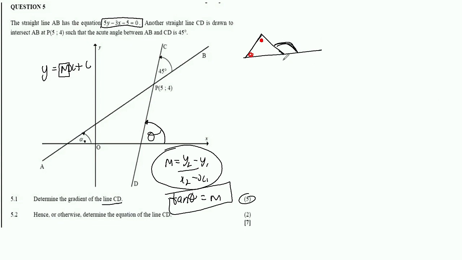So if we can manage to find the angle theta by finding the other two opposite angles here, remember that theta must be the sum of this angle here and that angle here.